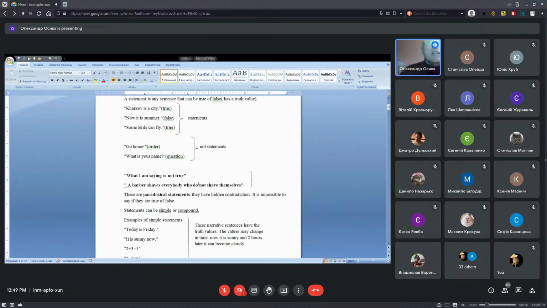If he shaves himself, then what is the meaning here is false. If he doesn't shave himself, then he must shave himself. So we cannot decide if it is true or false. These are paradoxical statements. They have a hidden contradiction. It is impossible to say if they are true or false.